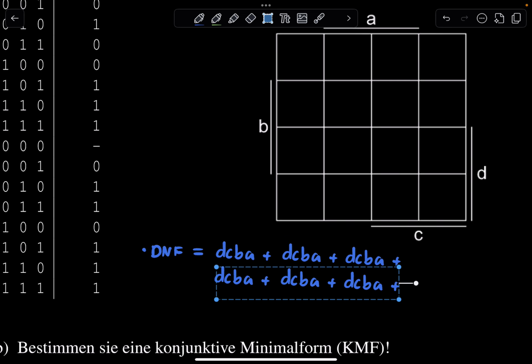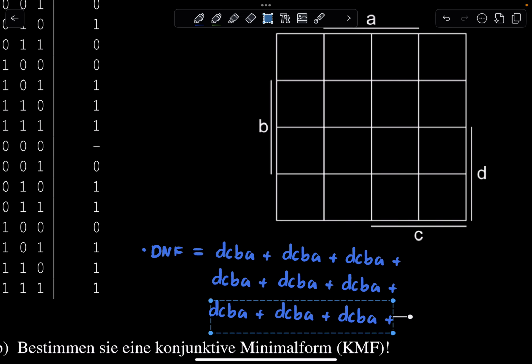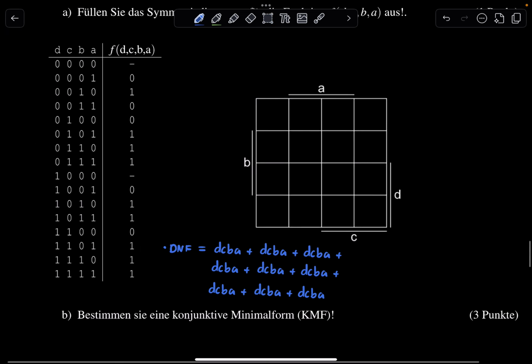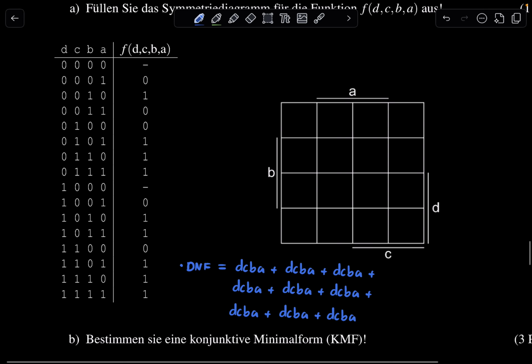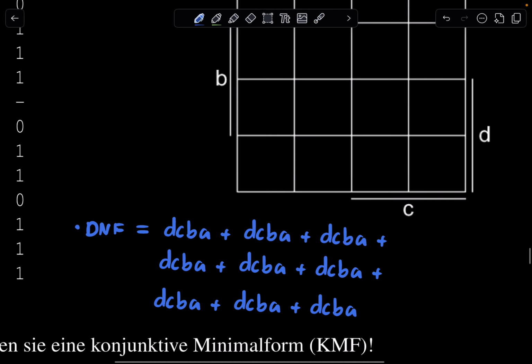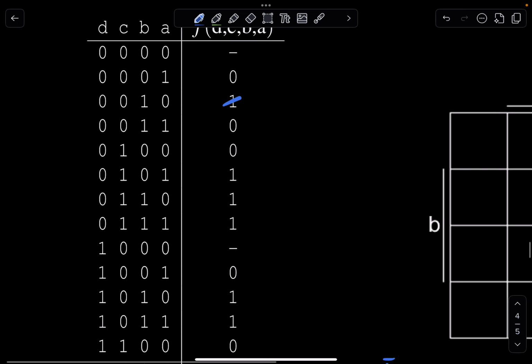Okay, DCBA. We erase this. So DCBA. In this case, we focus on the first one, which is going to be this. We start here. So it's going to be not A, C, and D. So we erase this one.